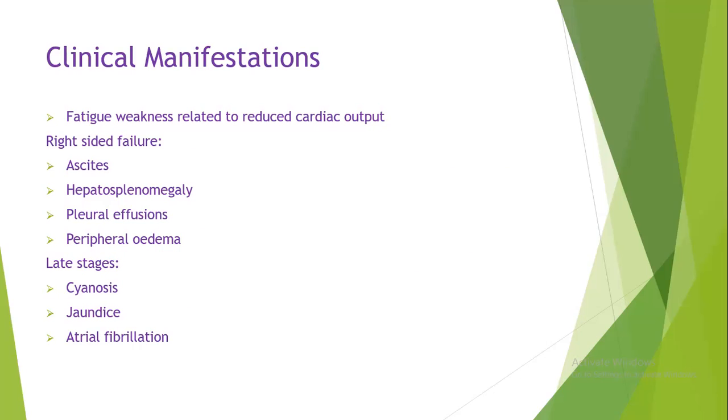So the clinical manifestations: we have fatigue, weakness related to reduced cardiac output, right side failure, ascites, hepatosplenomegaly, pleural effusion, peripheral edema. At a later stage, you have cyanosis, jaundice, and atrial fibrillation.